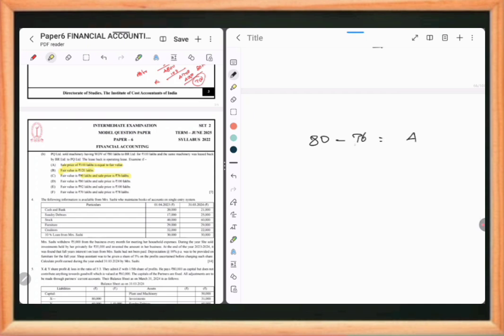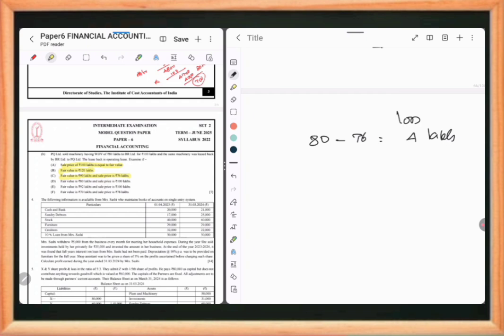Actually 80 lakhs we sold for only 76. So 4 lakhs is a loss. It is immediately recognized by PQ Limited in its books, provided the loss is not compensated by future lease payments. Otherwise, it can be deferred and amortized. The loss should be amortized. So, that is the answer for C.